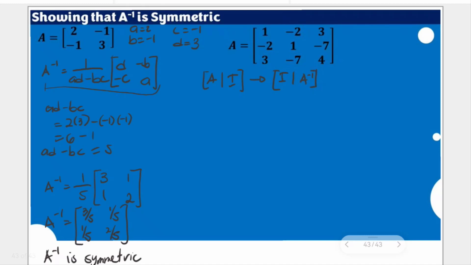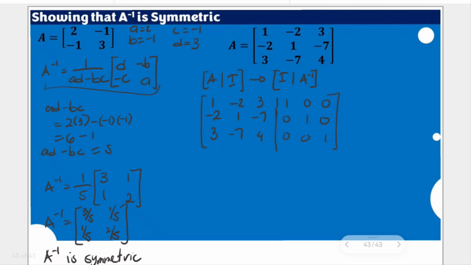So we have 1, -2, 3, -2, 1, -7, 3, -7, 4, and then the identity 1, 0, 0, which must be the same size.